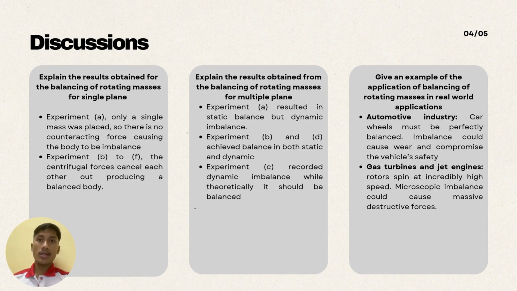Now for the last question, give an example of the application of balancing of rotating masses in real world applications. First is in the automotive industry. Car wheels must be perfectly balanced. Any slight imbalance, I would say, could cause wear in the tires and also compromise the vehicle safety.